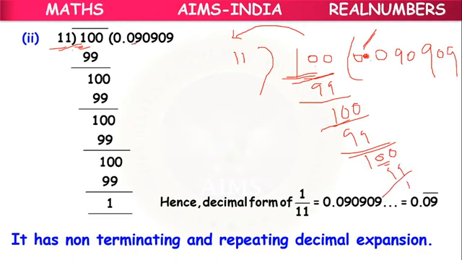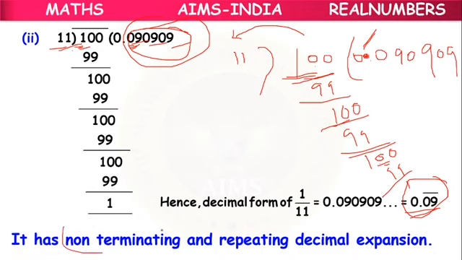So like that 09 09 09. These two decimal places are recurring. In short form it can be expressed as 0.09 bar. So it is an example of non-terminating and repeating decimal expansion.